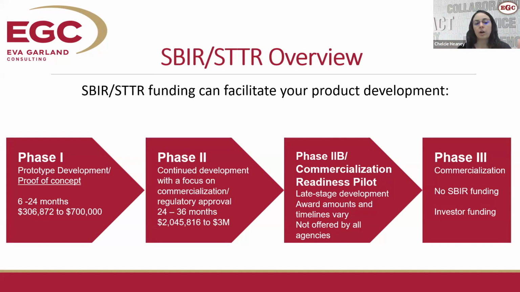Typically for phase 1 projects, the product is very, very risky, very early stage, so venture capitalists are wary to invest at this stage. So really the SBIR, STTR funding provides that boost in capital for companies to de-risk their product, their innovation, to make them more attractive for investor funding later.